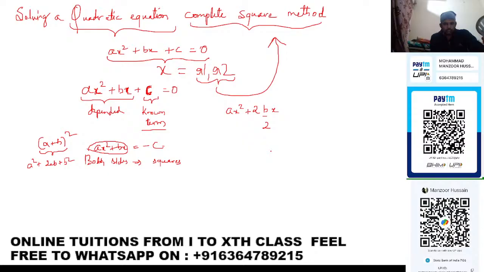In this, we have the first two terms: a square is there with us, and 2ab we formed by dividing and multiplying with 2.